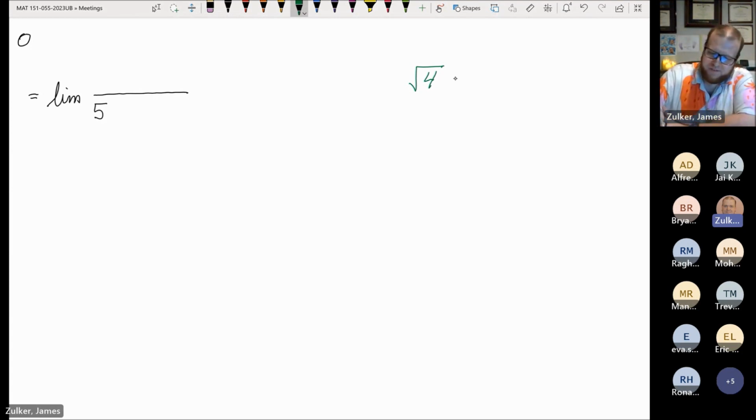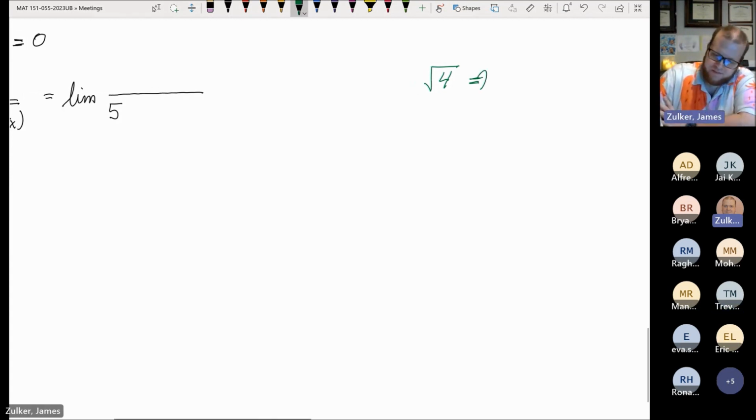So what's the square root of 4? Two. Square root of 2 squared then is what? It seems obvious, right? 2? What about the square root of -2 squared?